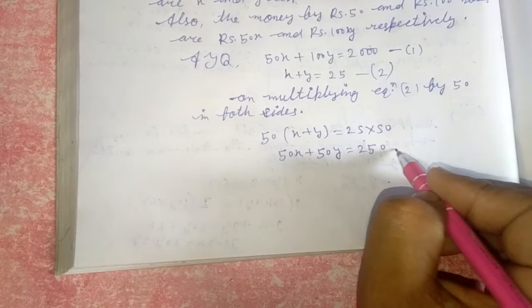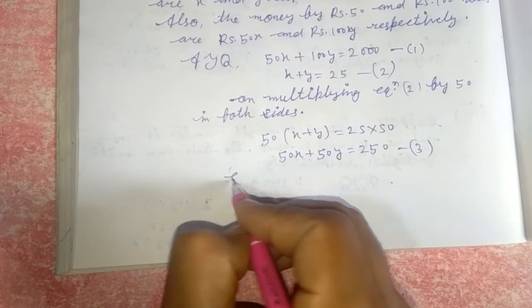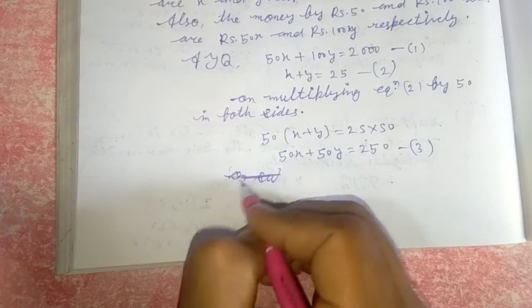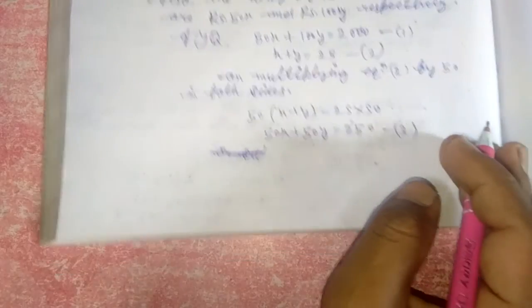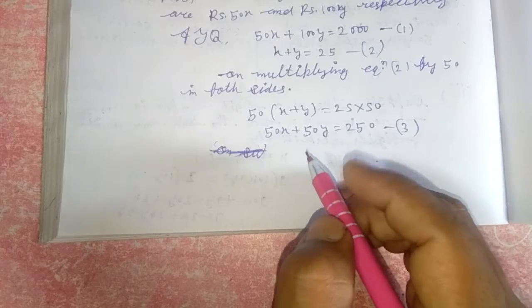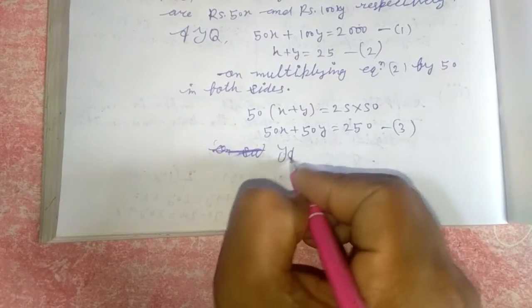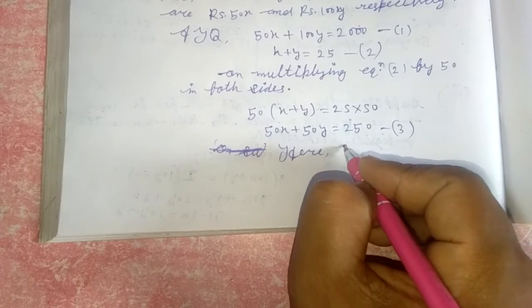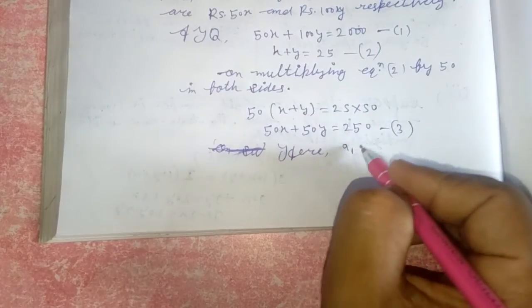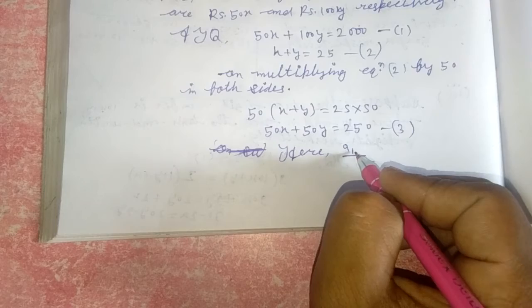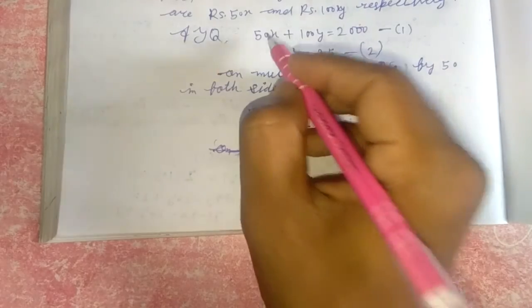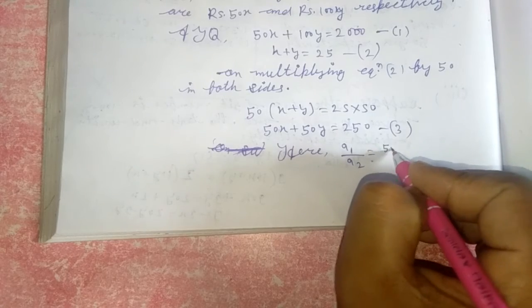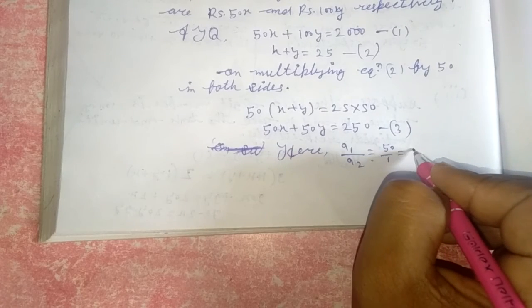Okay, question number 3, on subtracting. So first we check A1 upon A2 and B1 upon B2. Here A1 upon A2 from equation 1 and 2 is equal to 50 upon 1, because A1 is equal to 50 and A2 is equal to 1, so it is 50.